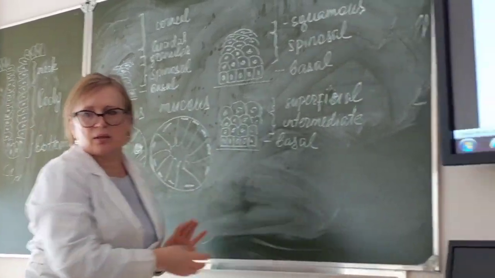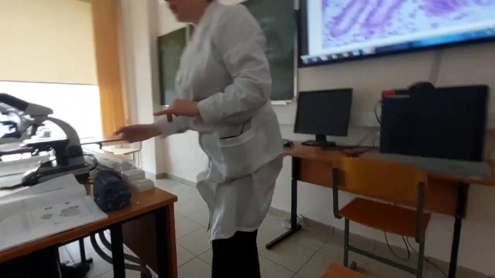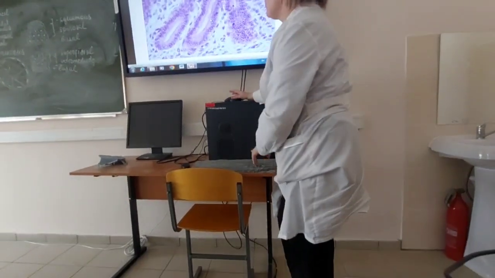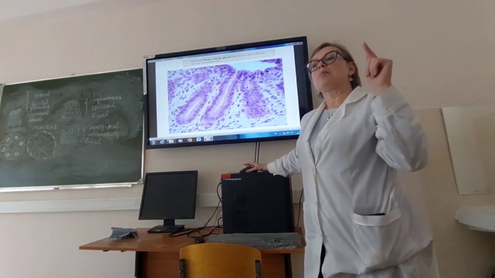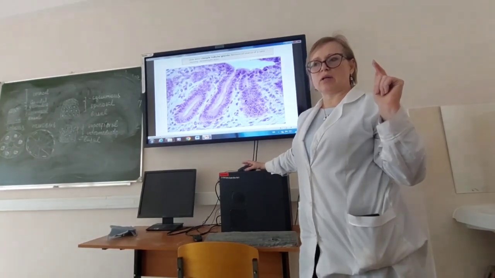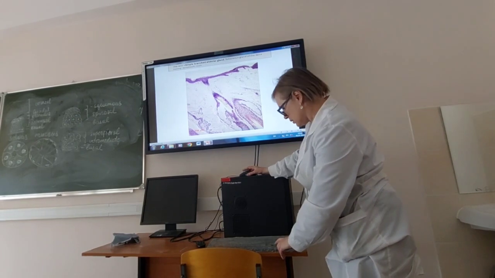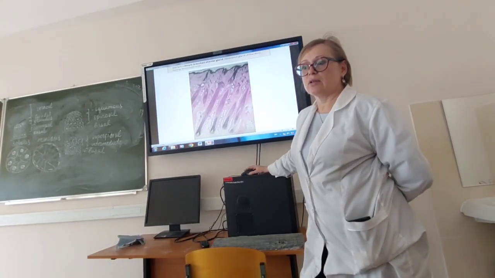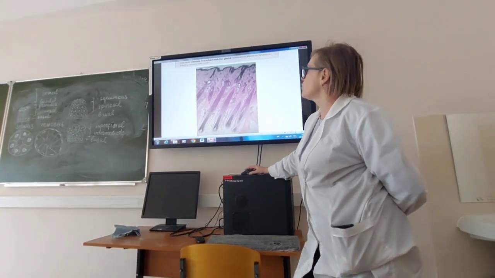One more task that is necessary to do, task 36. You should draw another gland which is simple, branched, and alveolar. Such a gland will be the sebaceous gland. The second time we meet the sebaceous gland.